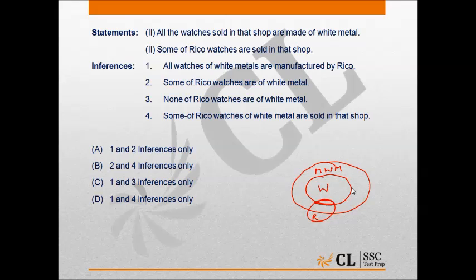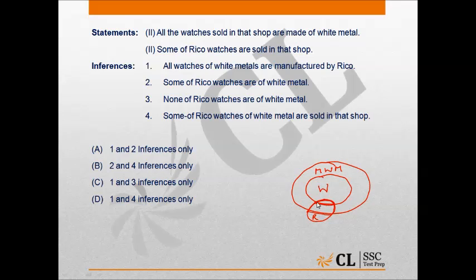Let us look at the inferences. Inference 1, all watches of white metal are manufactured by Ricoh. Now there is no set which talks of all watches of white metals, so we cannot comment on inference 1. Inference 2, some of Ricoh watches are of white metal. This is the set of Ricoh watches which are made of white metal.